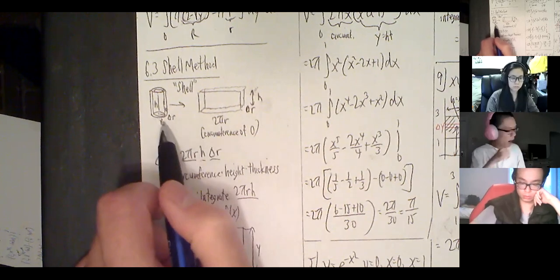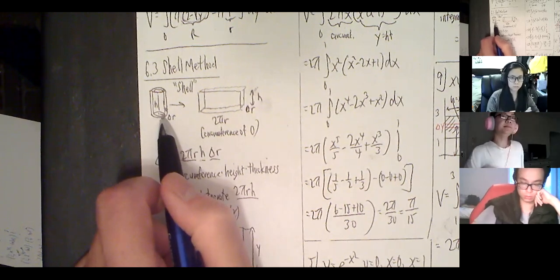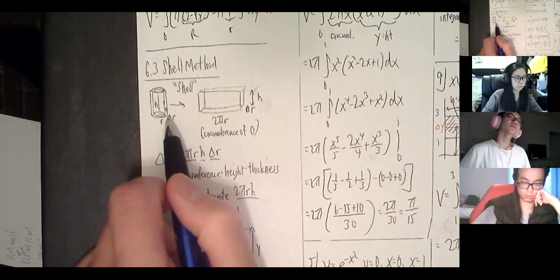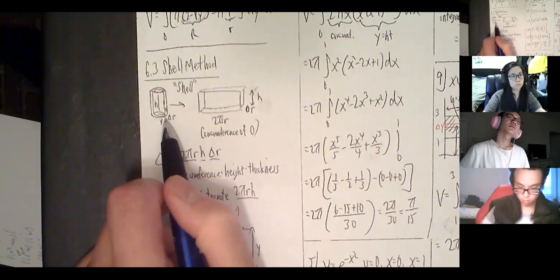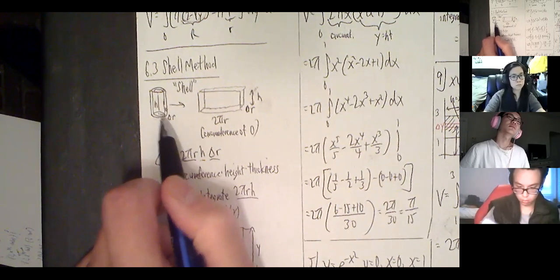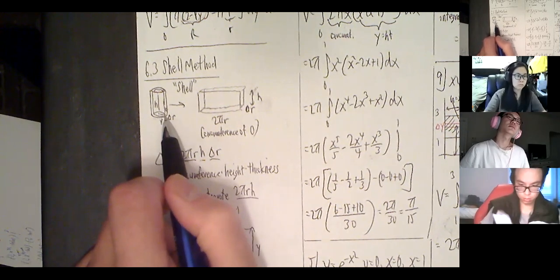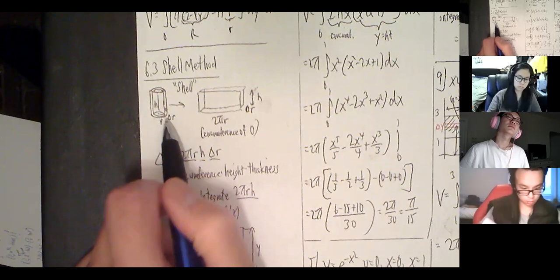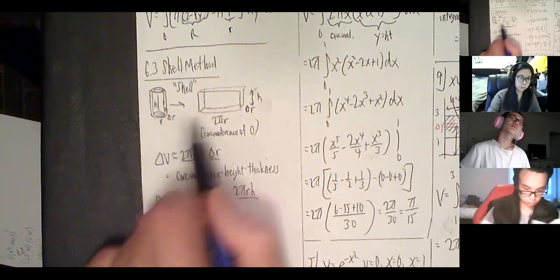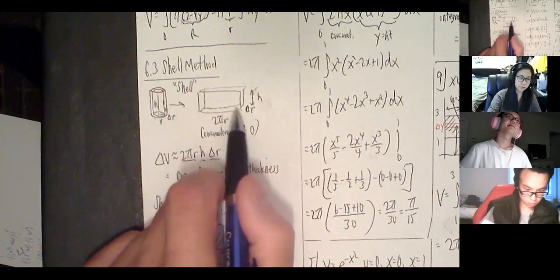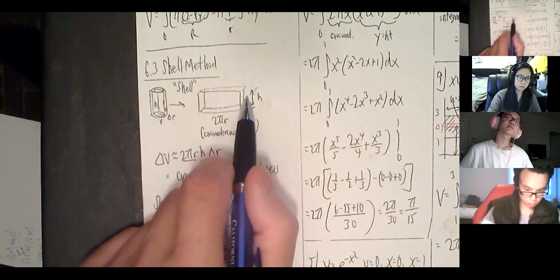Now, you might say the inside radius and the outside radius aren't the same, and that's true if delta r is significant. But if delta r is very small, the calculus concept, as delta r approaches 0, the language we use in Calc 1, then the inside radius and the outside radius are practically the same. So I have this picture, 2 pi r times delta r times h.